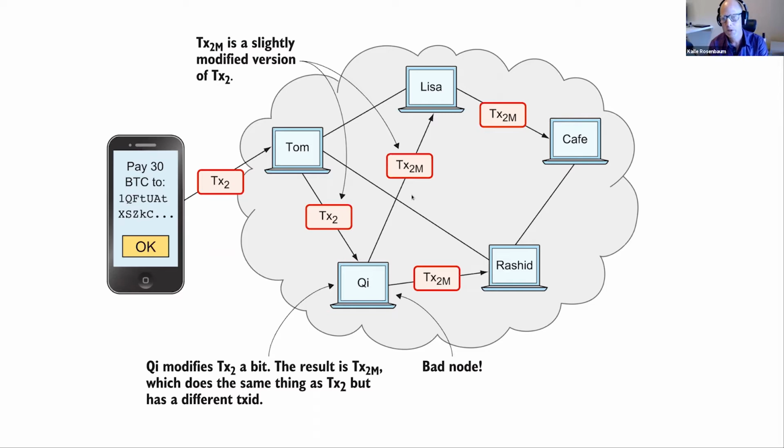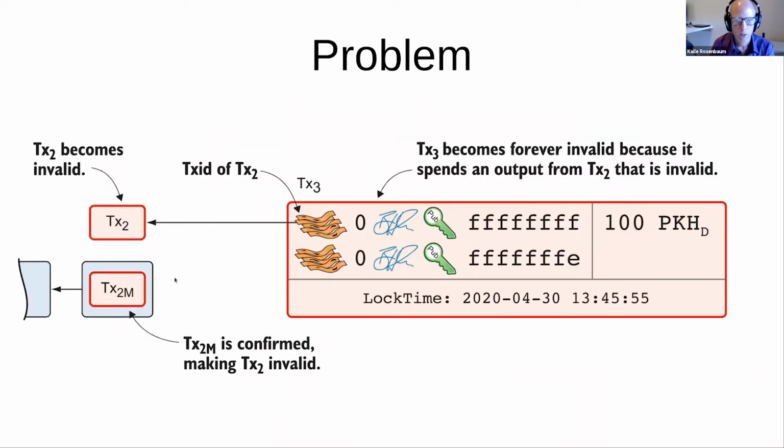Yeah, so suppose that this happens. We will get back to how you can malleate a transaction, but for now, just accept that that's the thing. What happens? Well, suppose that the malleated transaction gets confirmed instead of your intended transaction. If this is confirmed, then this will become invalid because this spends the same outputs as this one.